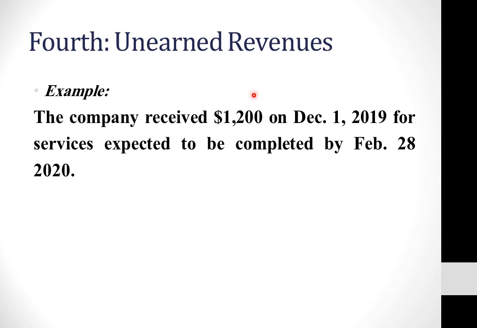So you received all your money in advance before you deliver the service to the customer. So at December 31, we need an adjusting entry to determine how much revenue belongs to year 2019 and what is left to 2020.